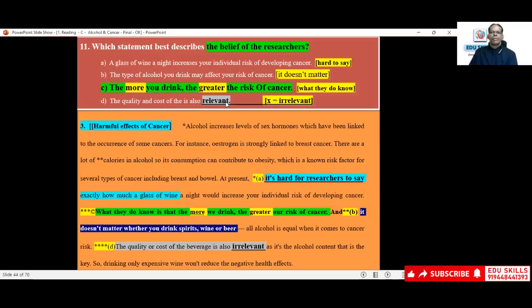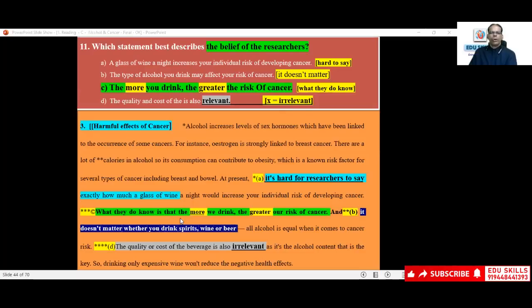The sentence is not correct, I feel it is a typing mistake, maybe from my part. Even otherwise, it says relevant, but then the passage says the quality or cost of the beverage is irrelevant. So you see a contrast. Opposite is given in the passage. So these three cannot be. The more you drink, what they do know. See, the expression here is what they do know.